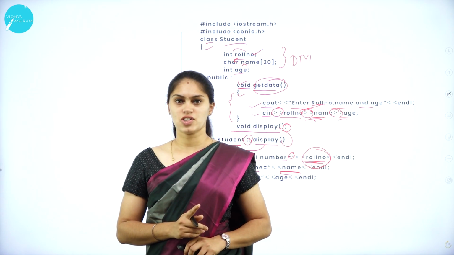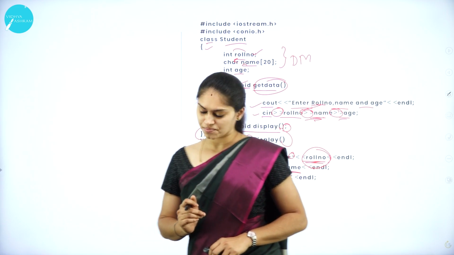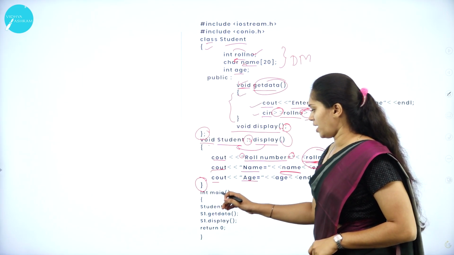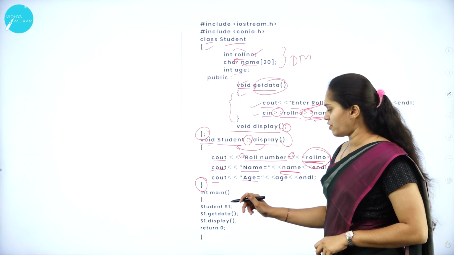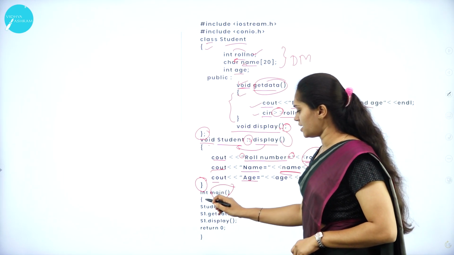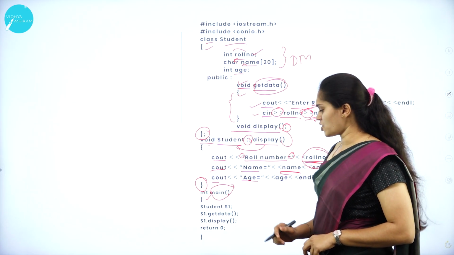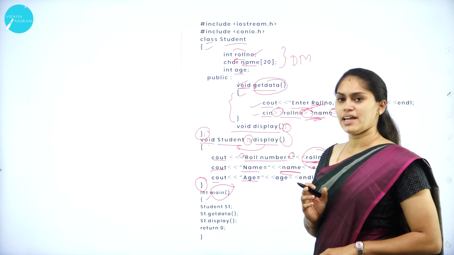Okay. So as we discussed earlier, where I can define the objects of a class, that must be in the main function where the actual execution of a program gets started. So int main, that is main function, and this opening of the flower brace indicates scope of a main function. So how to declare an object?